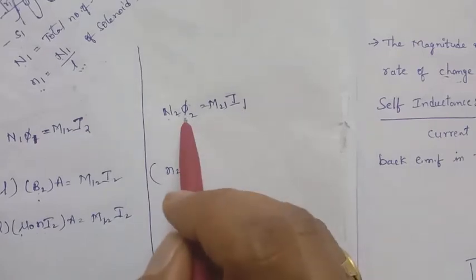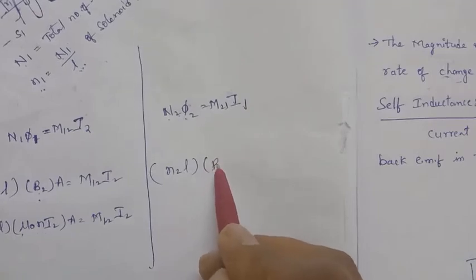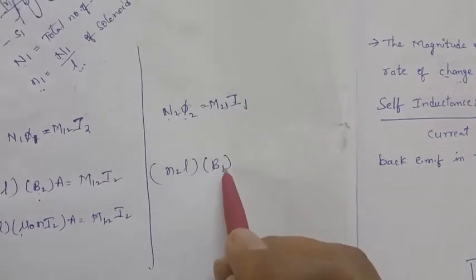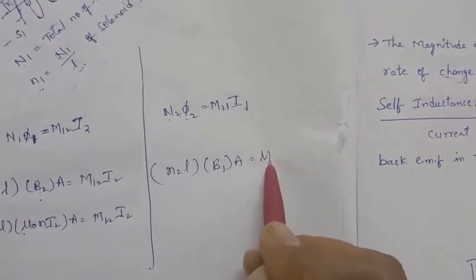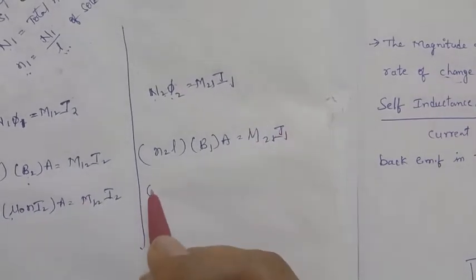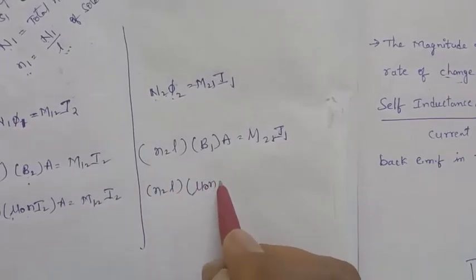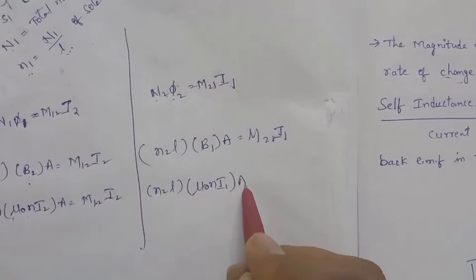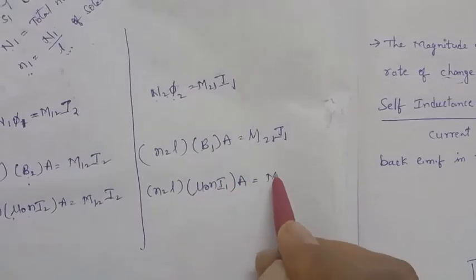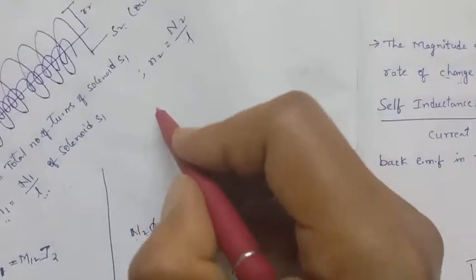This magnetic field arises due to this current, that's why it is B1, times A. So N2 L B1 is equal to mu naught N I1 A, that is equal to M21 I1.